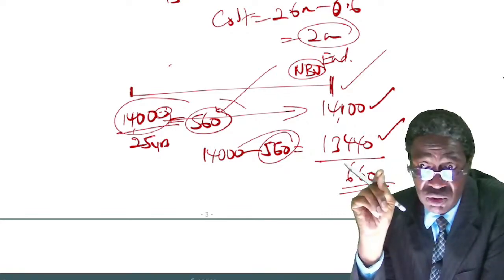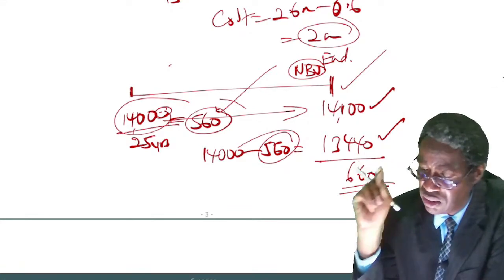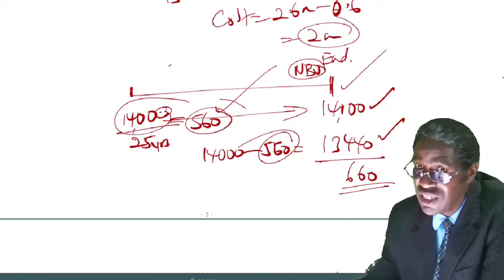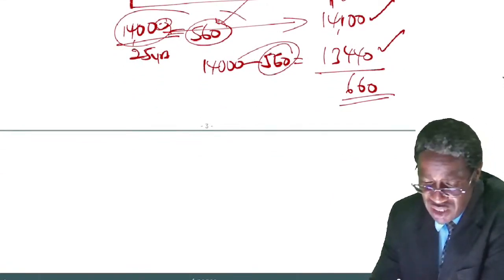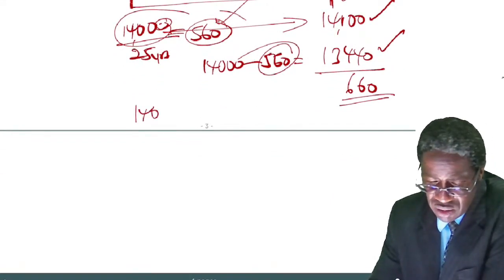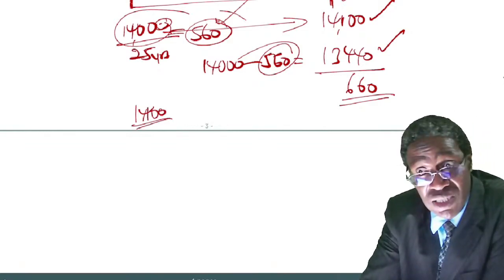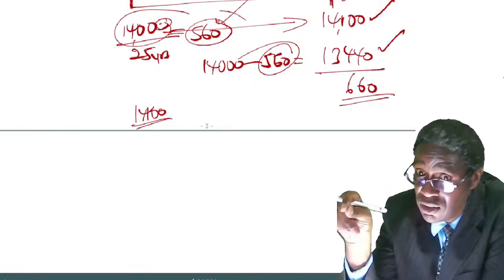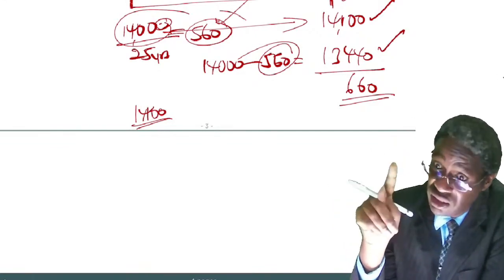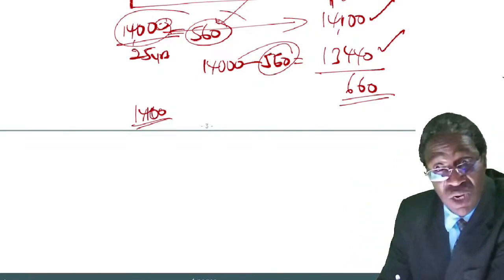In the other question we did in the normal class, the company revalued their building at the beginning, let's say 14,100. So if they revalued it at the beginning, to calculate the depreciation charge for the year you will not use 14. You will say, okay, it was revalued at 14,100.